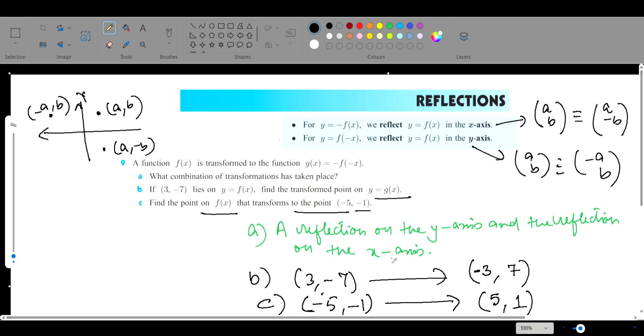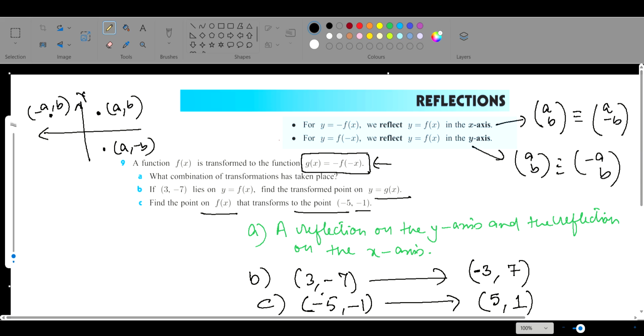How do I know it's the opposite? Because this time it is reflecting on the x-axis and y-axis both. So I need to reverse the sign of x, and I also need to reverse the sign of y.